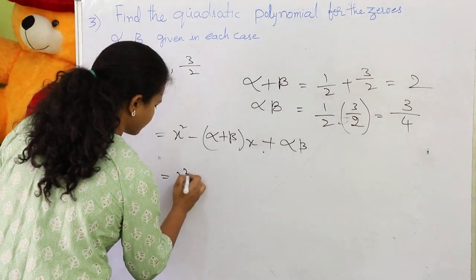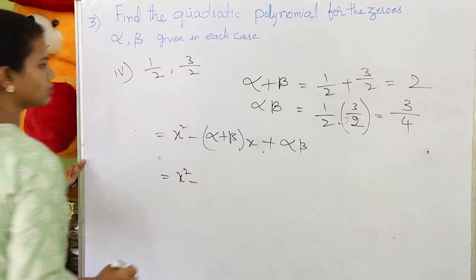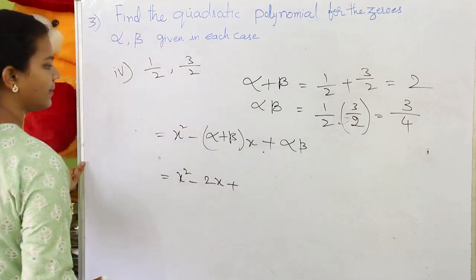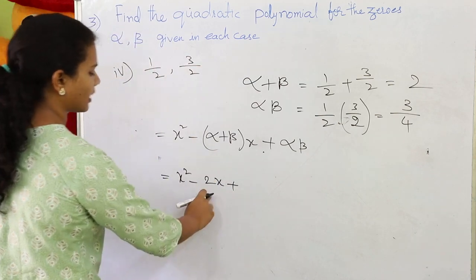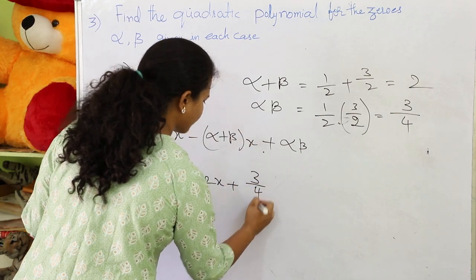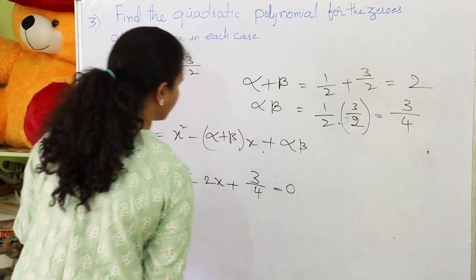X square minus alpha plus beta into x plus alpha into beta. So x square as it is, minus 2x, since alpha plus beta value is 2 guys, plus alpha into beta value which is 3 by 4 as it is. Let's equate the whole equation to 0.